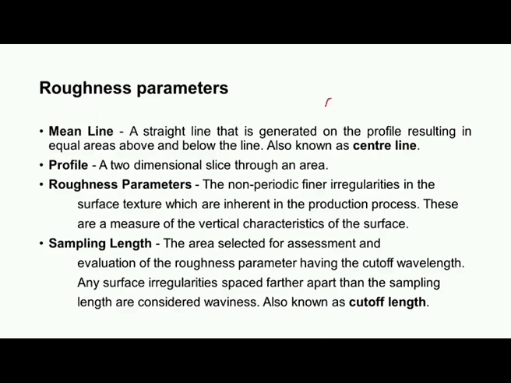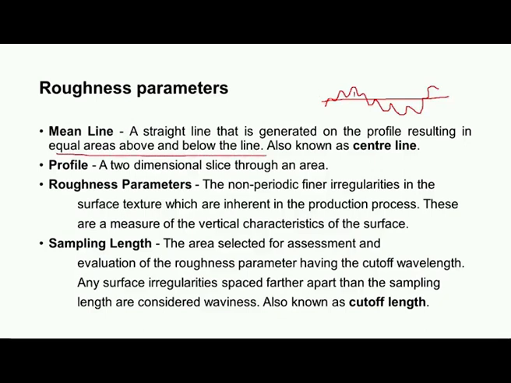For example, say we have a profile like this. Now we have to draw a straight line like this, such that we get equal areas above and below the line.